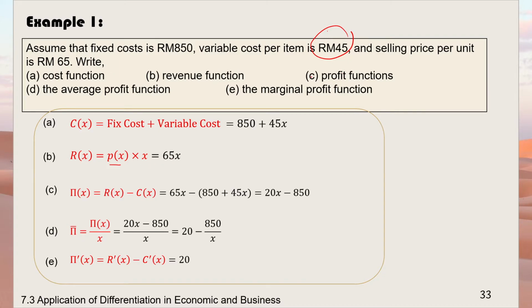Now they ask you for profit. Profit, we know, is revenue minus cost. So we get 65x minus (850 plus 45x), which is 20x minus 850.